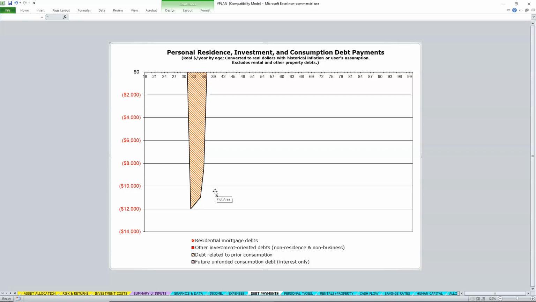This is because VeriPlan projections use real constant purchasing power dollars. The same nominal dollar debt payments made in future years are in fact made with dollars that are depreciated by inflation. Next, we will click and view the blue-tabbed Personal Taxes worksheet.